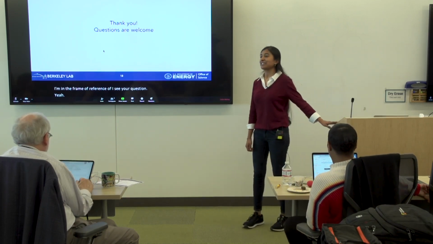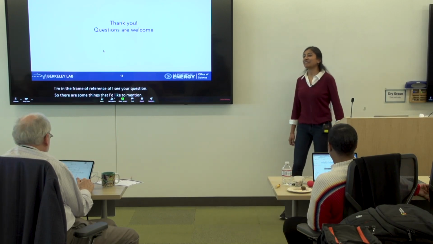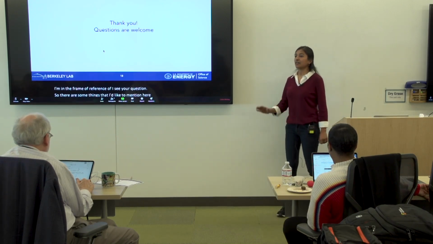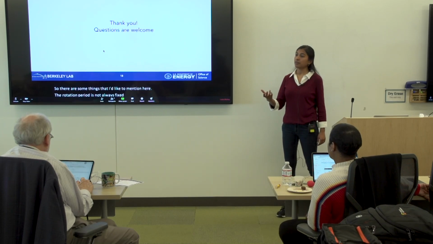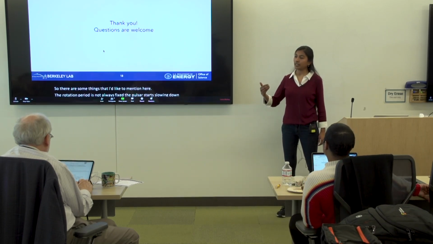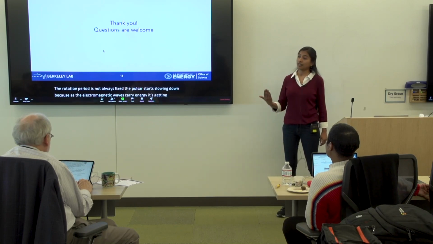So there are some things that I didn't mention here. The rotation period is not always fixed. The pulsar starts slowing down because as the electromagnetic waves carry energy, it's getting its energy from the rotation.